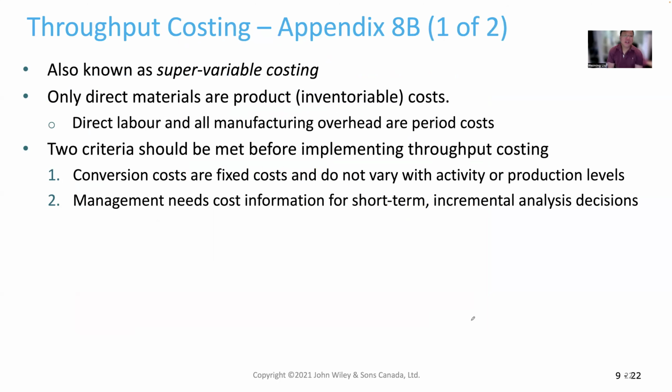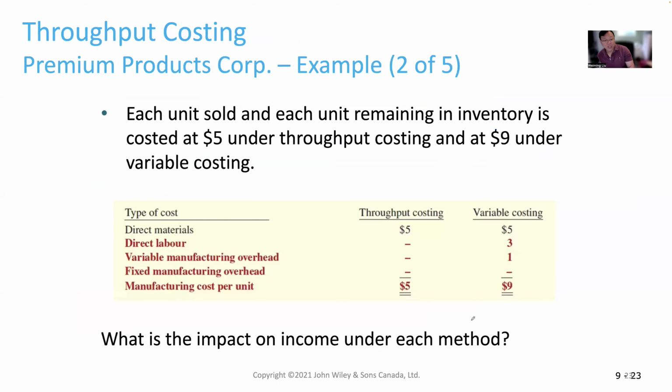Appendix 8B talks about another variation of costing. This is a variation of variable costing. It's called super variable costing. Another word is throughput costing. For the purpose of this course, you only need to know that under super variable costing or throughput costing, the only product cost is direct materials.